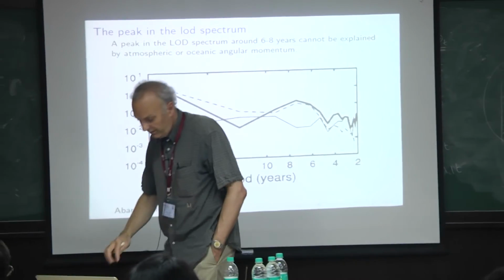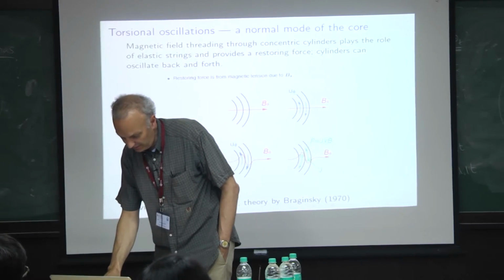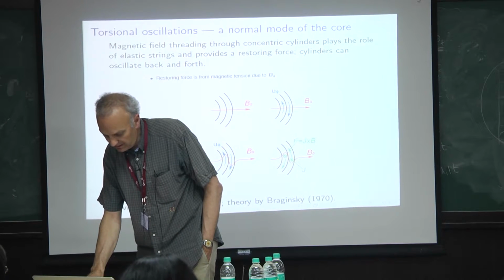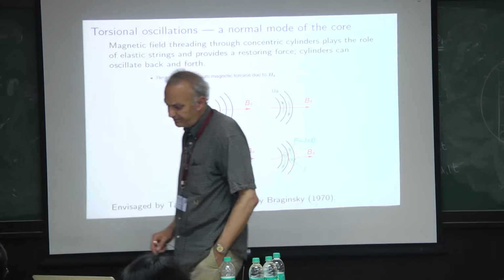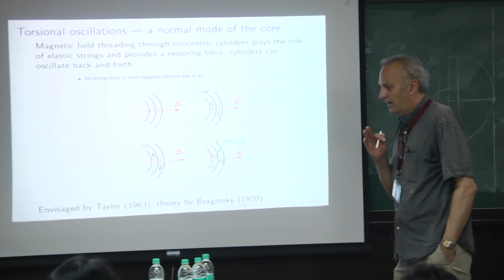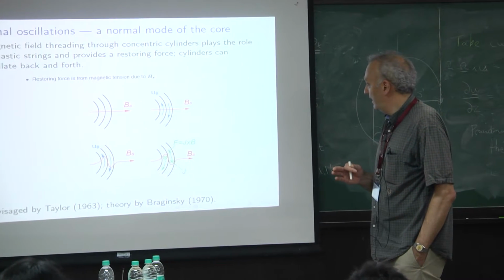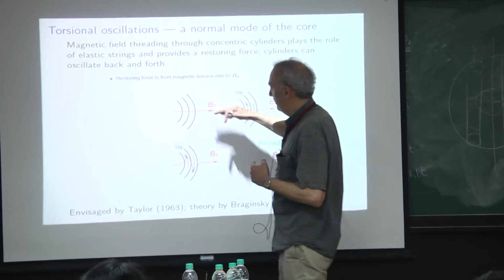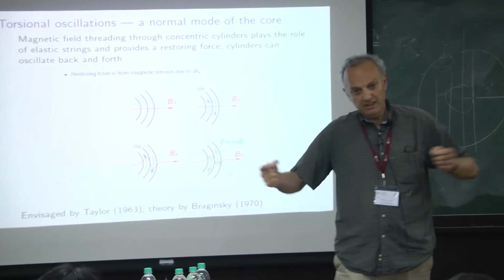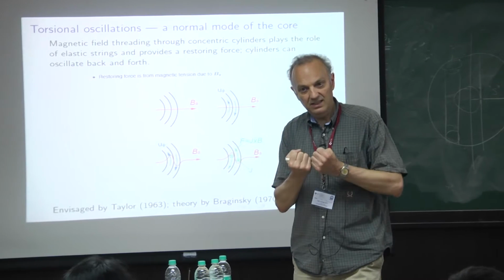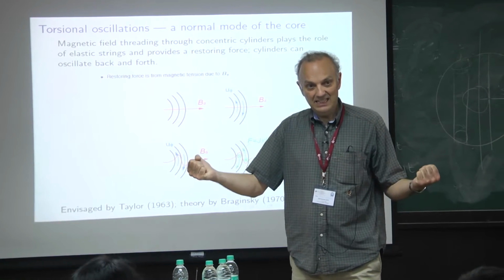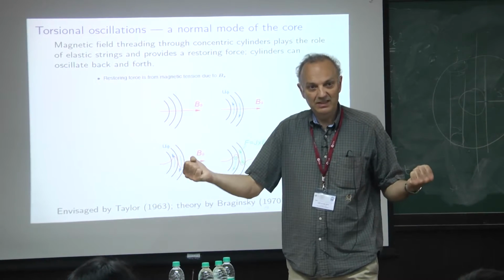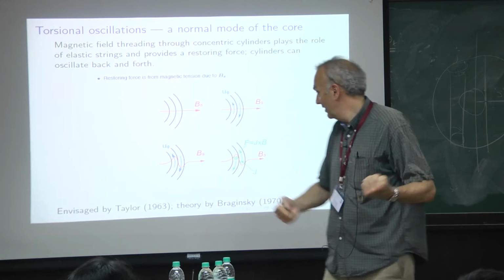Now, here is the final thing, because this is of interest. Alex this morning talked about how a magnetic field line has elasticity. It doesn't like to be stretched or sheared.